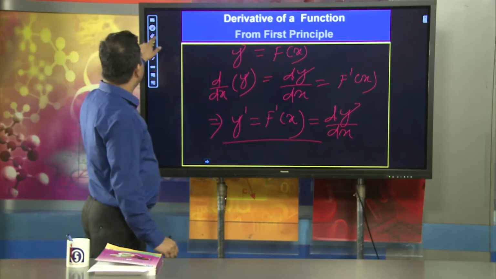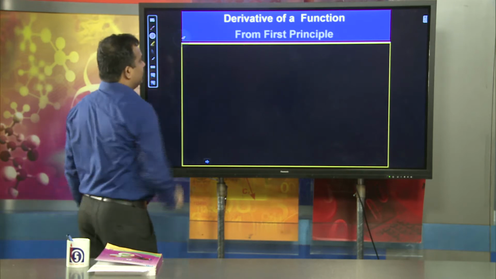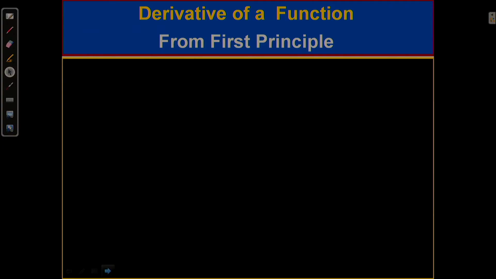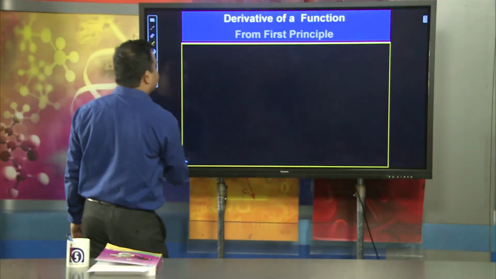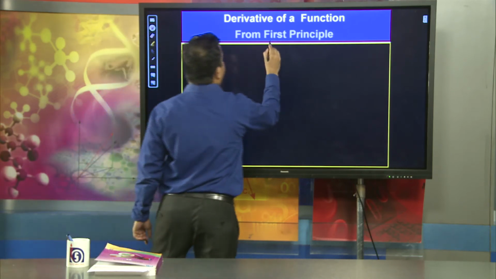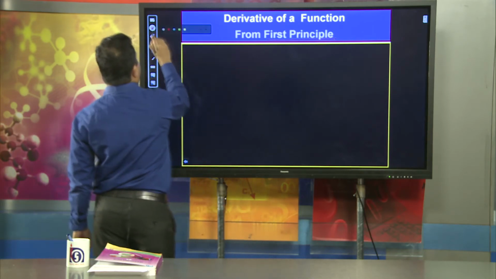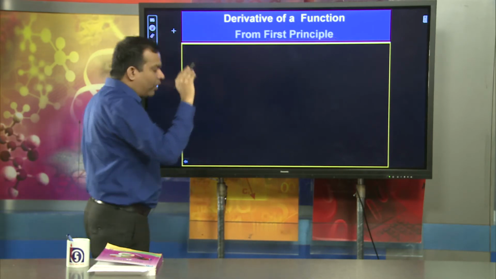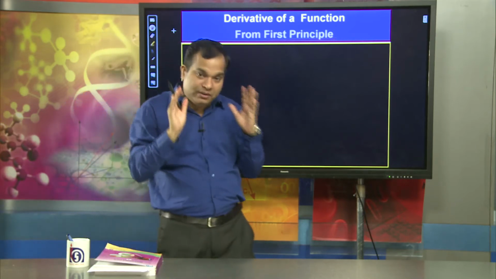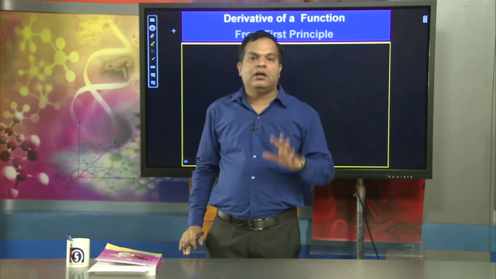Now we will discuss the derivative of a function by using the first principle. This is one of the techniques to find the derivative of a function. When finding the derivative of a function from the first principle, we have to follow 5 different steps.